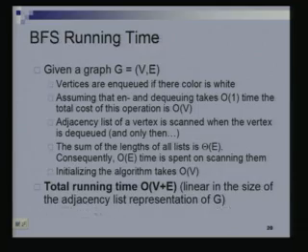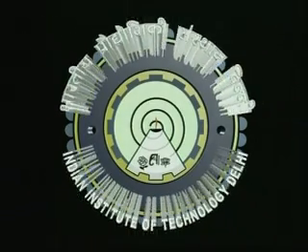Okay. So, with that we are going to end today's discussion on breadth first search. We are going to be using breadth first search for finding the connected components in a graph, and we will see that in the next class.